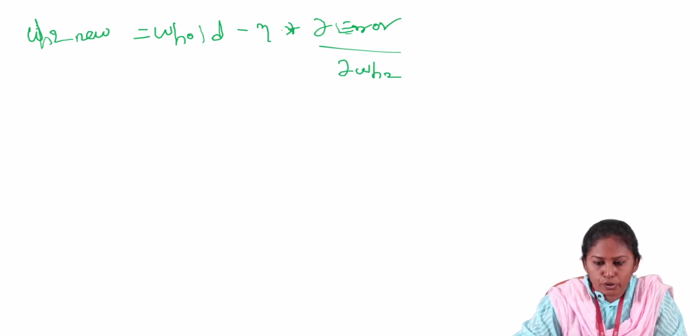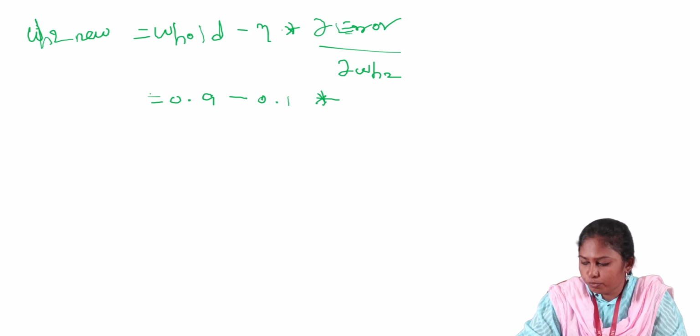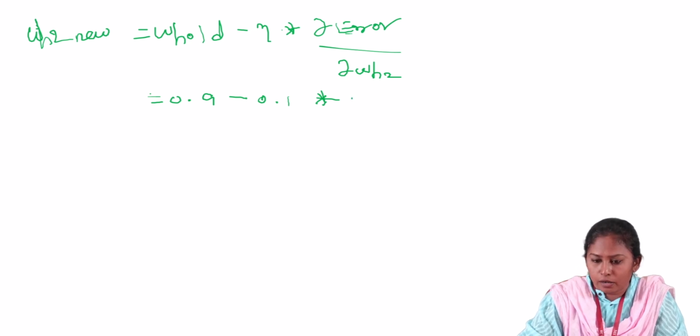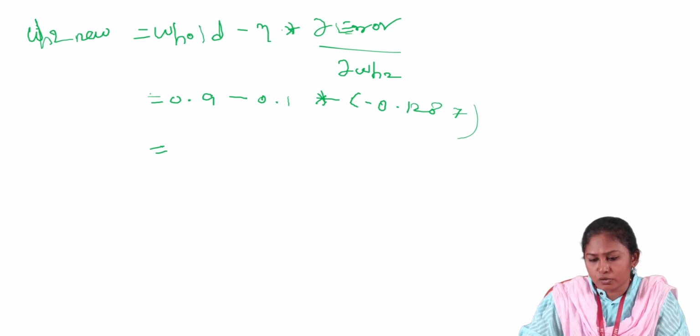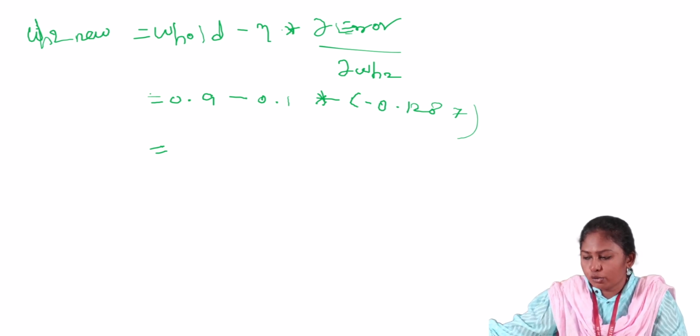So the WH2 old value is 0.9, minus the assumed learning rate here, 0.1. We have to assume the learning rate to be somewhat small, because if we assume it high, our model will learn very fast and it may lead to problems, and a very small value may lead to underfitting. So assume some reasonable value which is not too large and not too small.